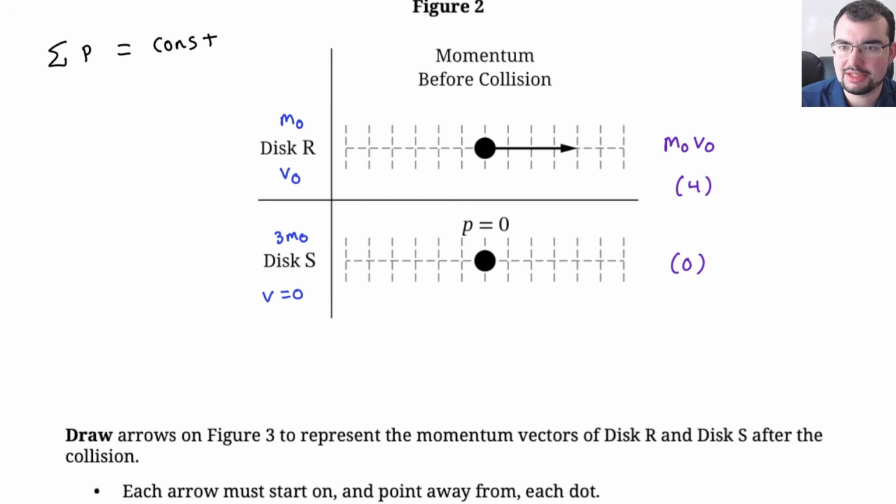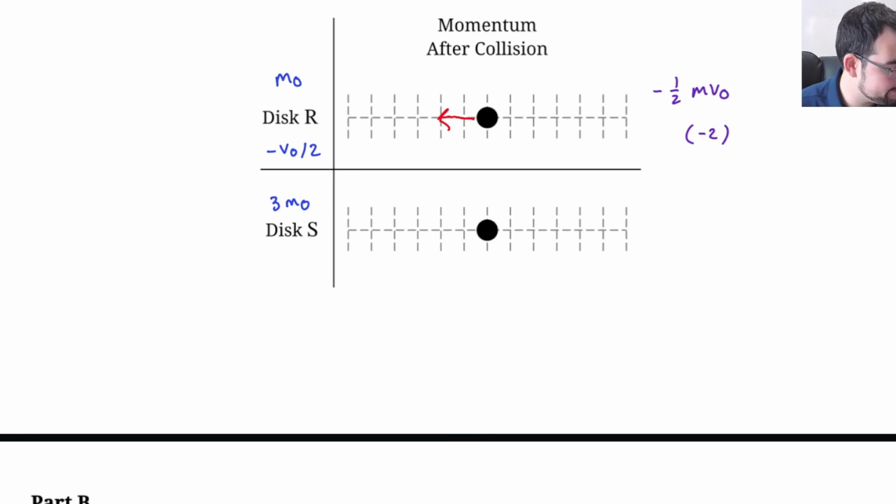So now by momentum conservation, we can see that if the total momentum was originally 4 arrows to the right, and I have to get to 4 in total, well, that must mean that this vector arrow must be 6. Oh, how convenient that this was the extent of this scale.